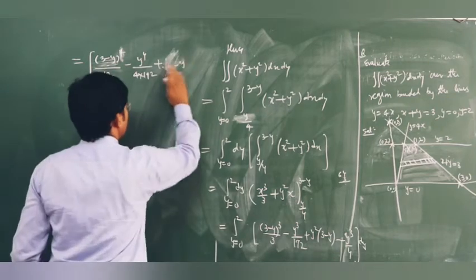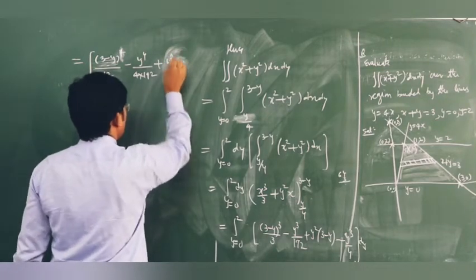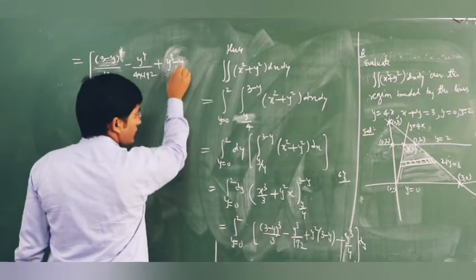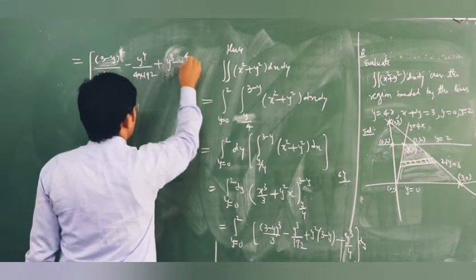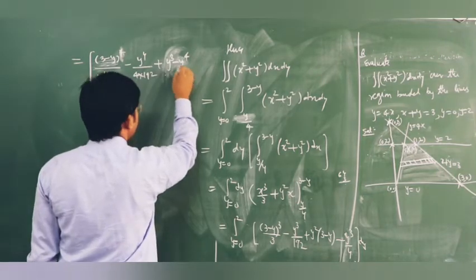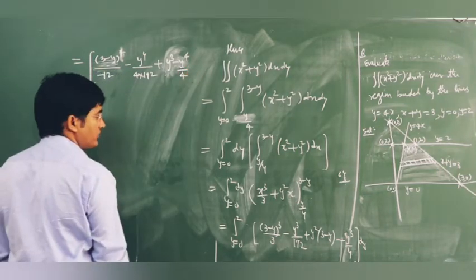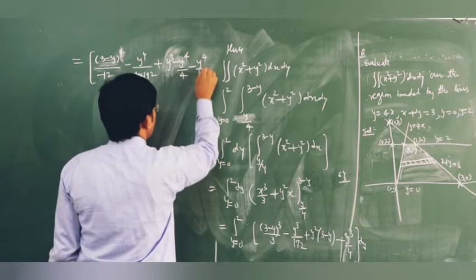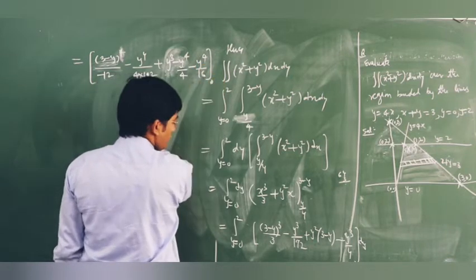So this 3 will get cancelled, so this will be simply y cube, and the integration of y cube will be y 4 upon 4. So this will be 16, and then the limits from 0 to 2.